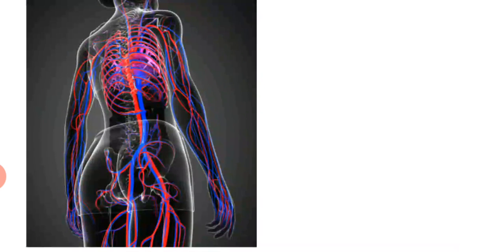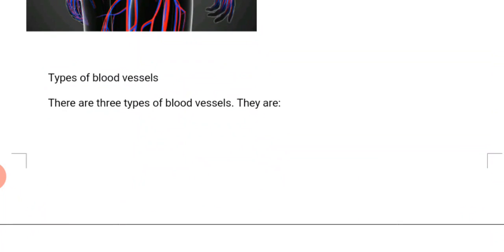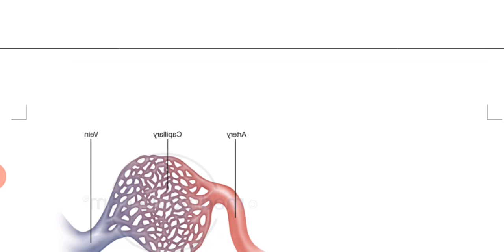That will lead us to types of blood vessels. The one that shows red is called arteries, while the one that shows blue is called veins, and the third one is called capillaries.